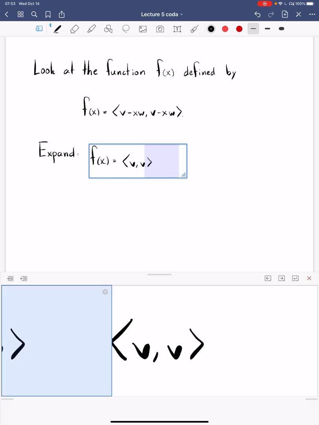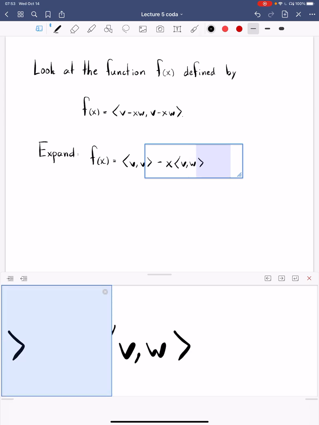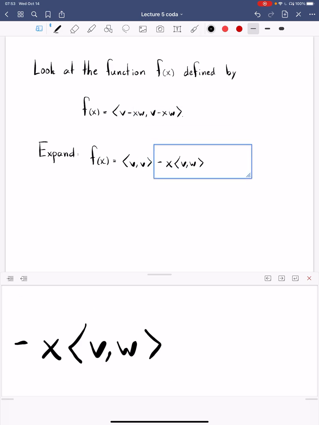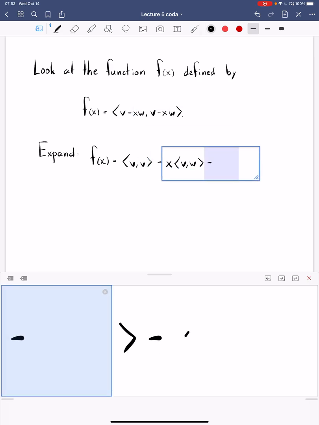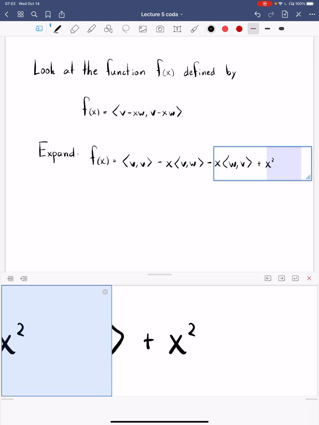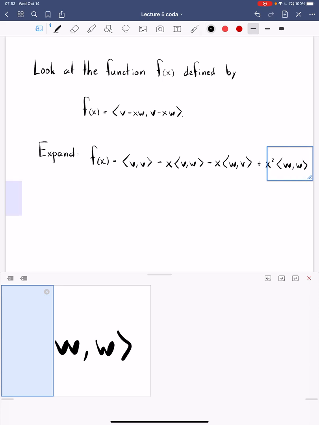Outside is minus x v with w, because you can pull the x out of the scalar product, and the inside is minus x w with v, and then the last is plus x squared w with w.